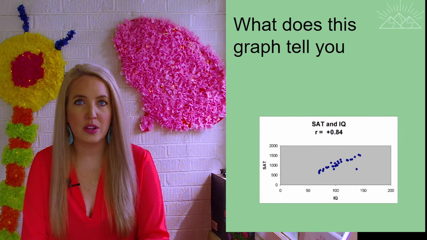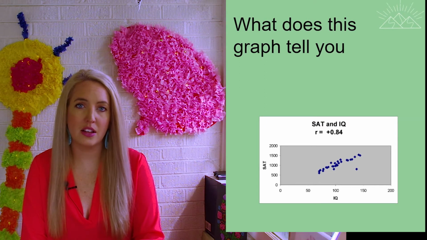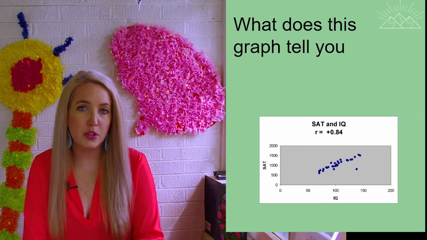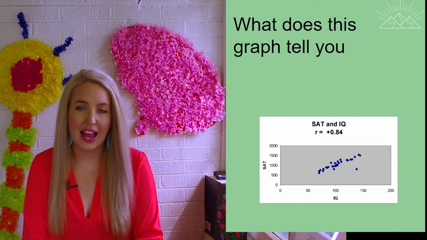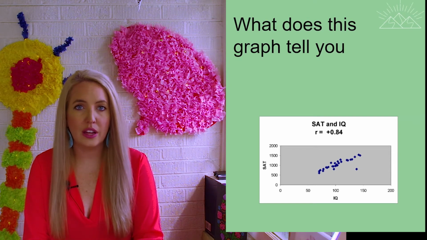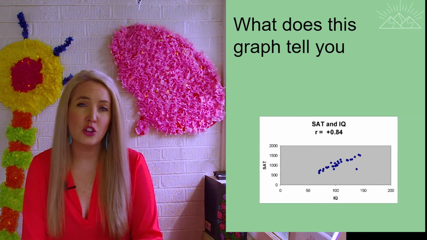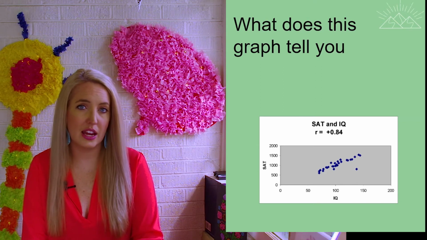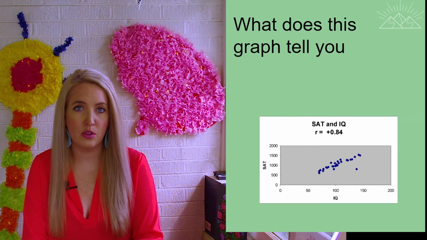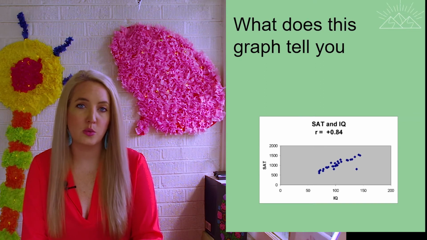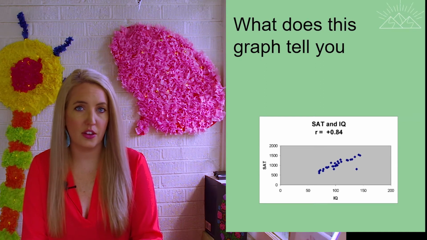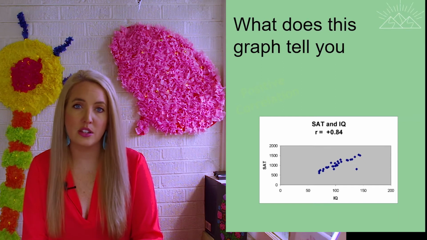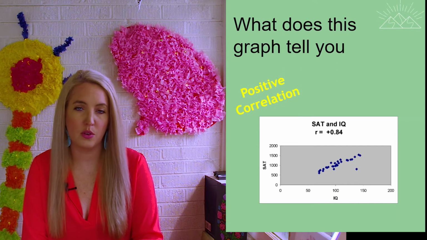The first one, you see on the top, tells us it is the relationship between SAT and IQ. Looking at this graph, you'll see that generally speaking, as our SAT scores increase, so do IQ scores. So as one increases, the other increases, and so this is known as a positive correlation.